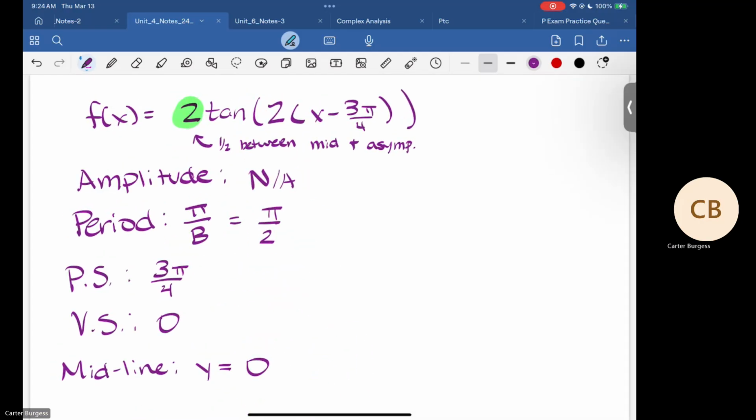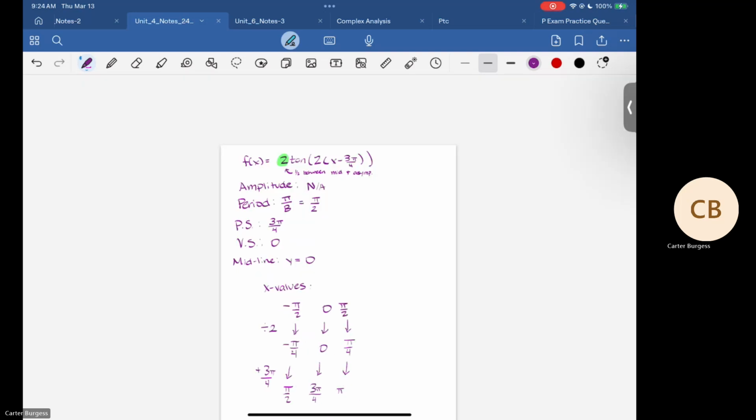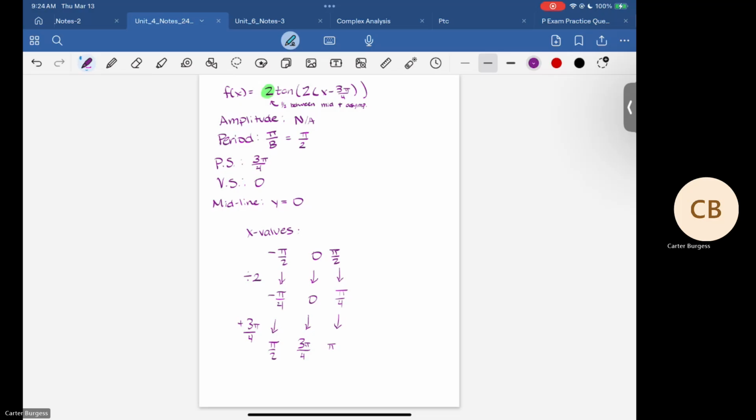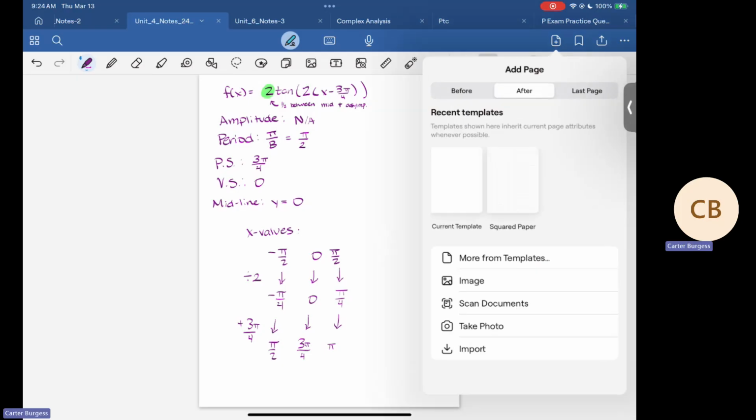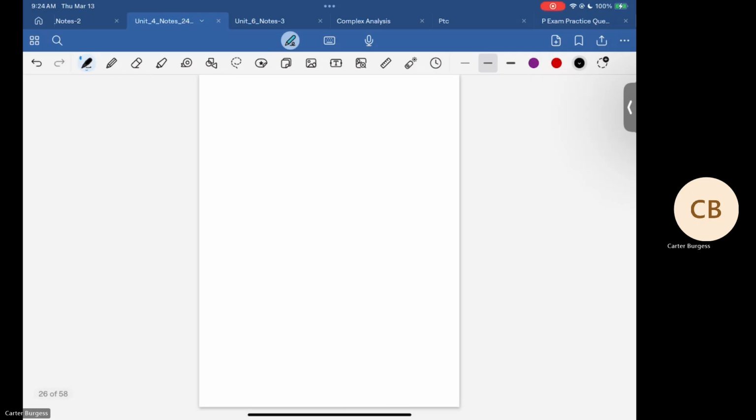Phase shift. So for the graph, it's going to be pi over 2, 3 pi over 4, and pi.